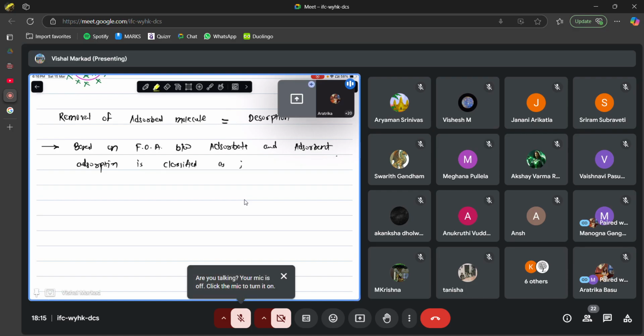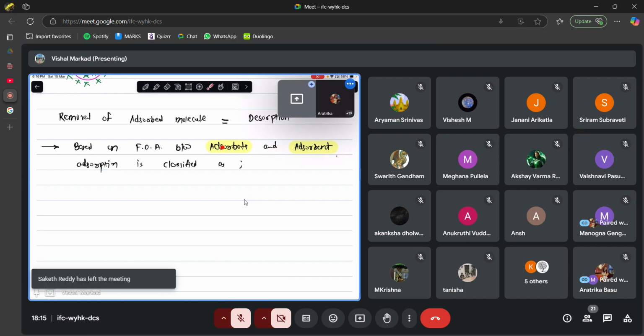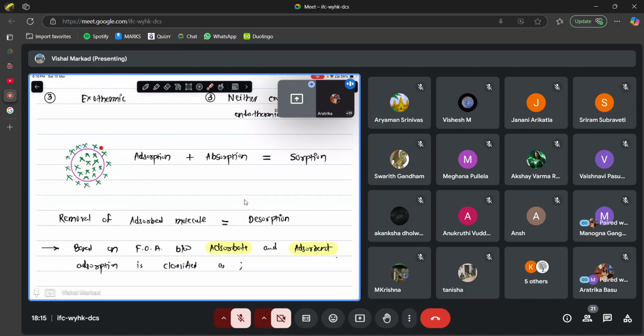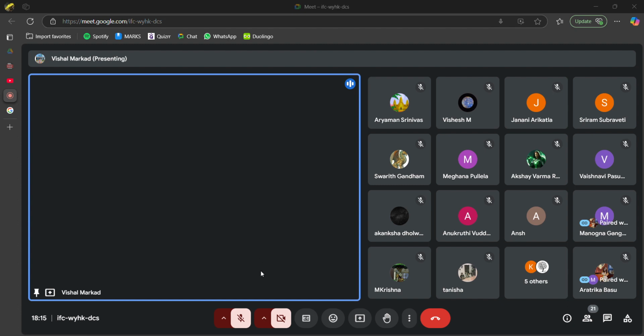Now, these are two new words. What is meant by adsorbate? What is meant by adsorbent? In solution we know, one is solute, another one is solvent. In the same way, the particles which are going to stick on the surface are called adsorbate, and this medium is called adsorbent.